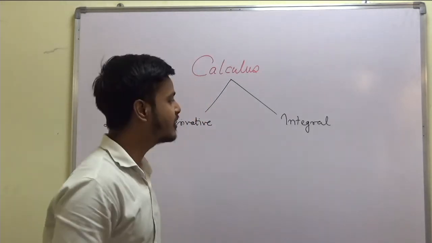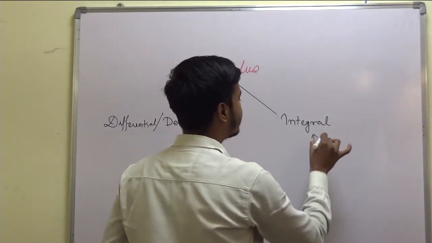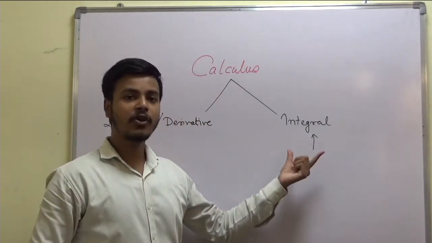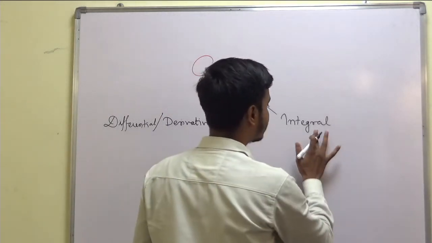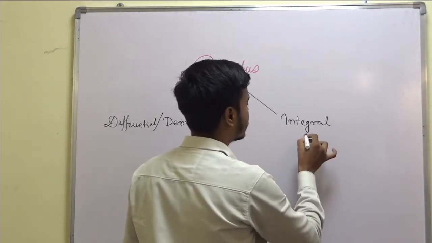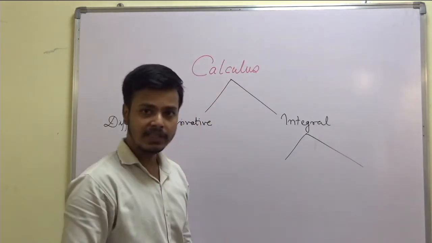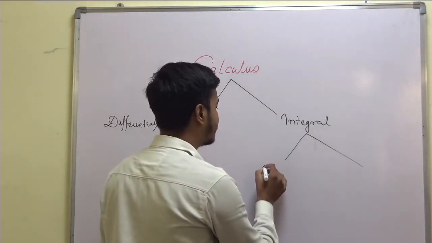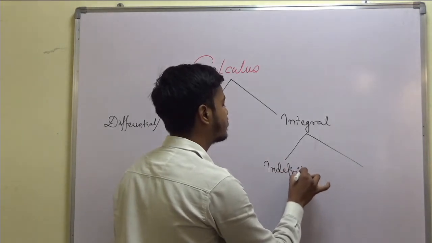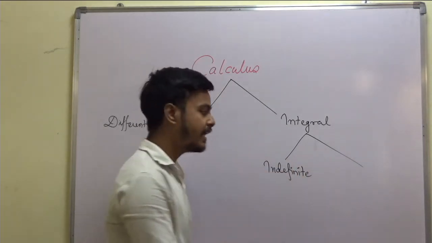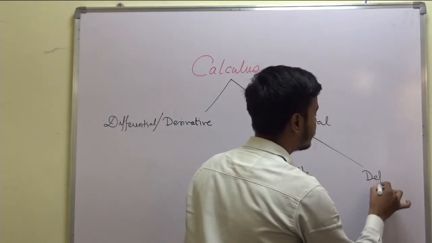We are going to learn integral calculus, and whenever we talk about integral calculus, again there are two things which we encounter. One is the indefinite integral or indefinite integration, and the second one is definite integration.